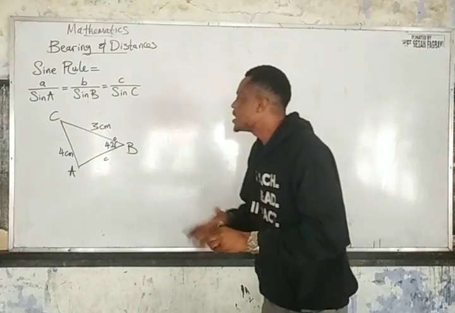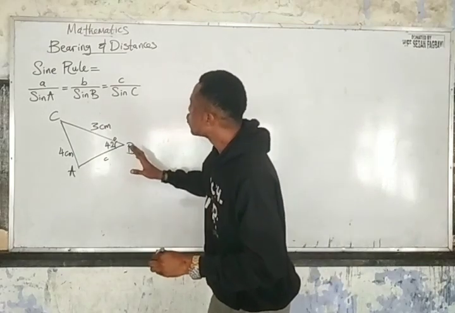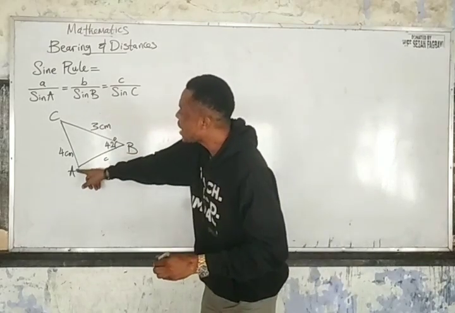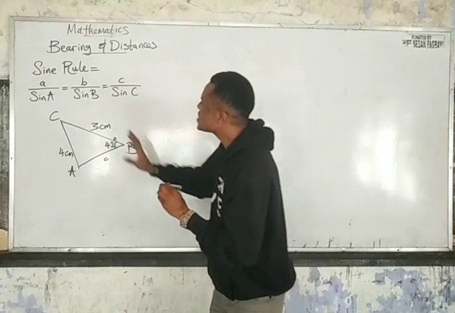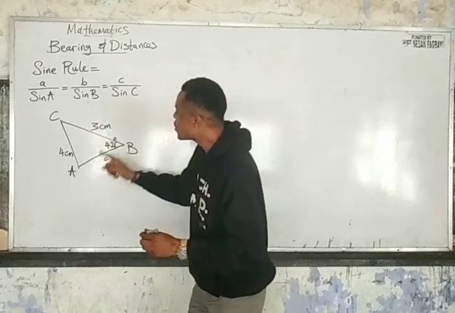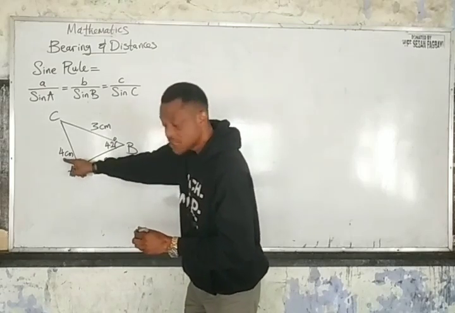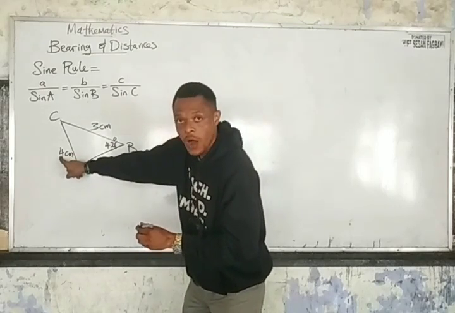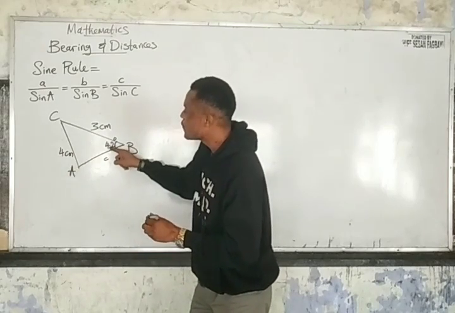In this case, if you are asked to find the angle A, we can simply use a over sine A equals small letter b, which is 4, over sine 42.